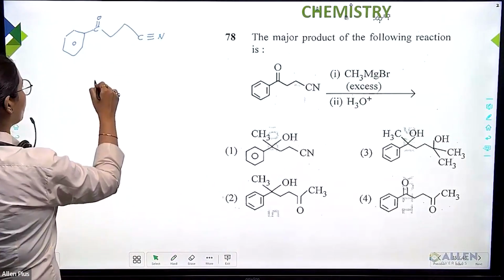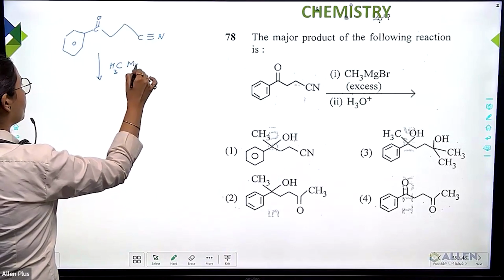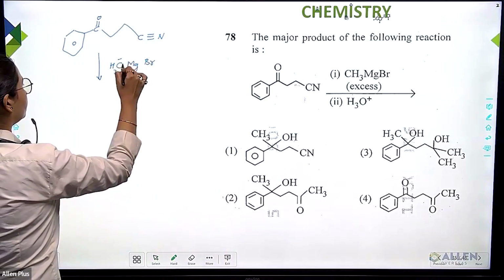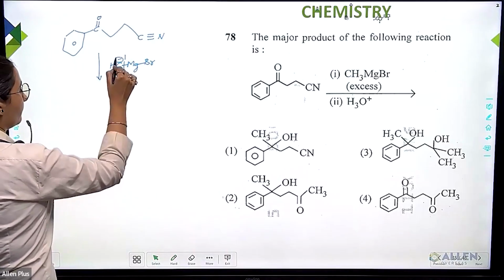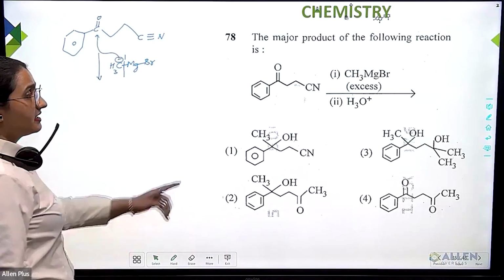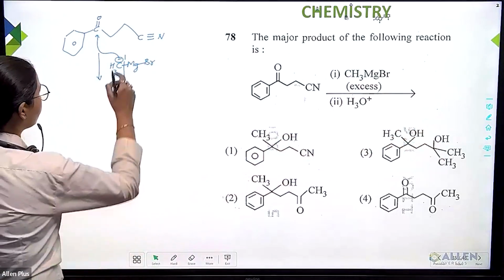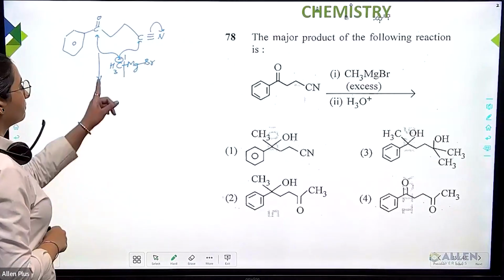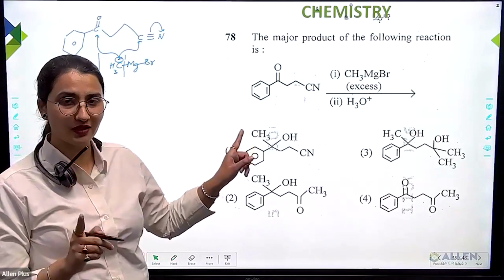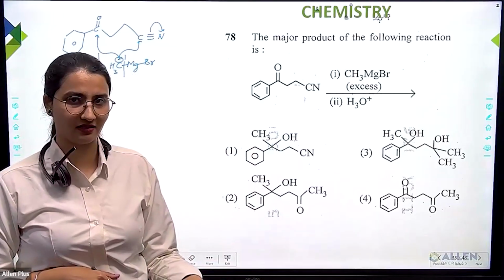In Grignard reagent, students, the part which is attached to Mg carries negative charge. Yes, this acts as a nucleophile. This will attack here. Since they have mentioned excess, that means we have unlimited amount, right? This can even attack here. This bond shifts on N. It's not the same group. Students, it's in excess. A different molecule or different unit will react.